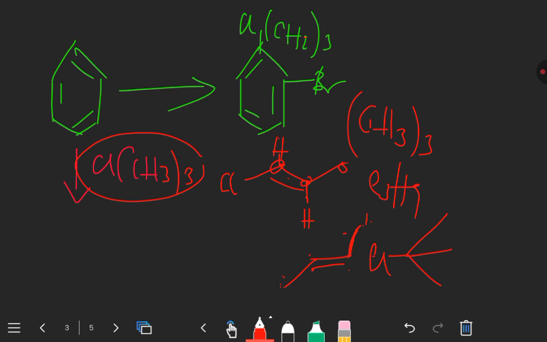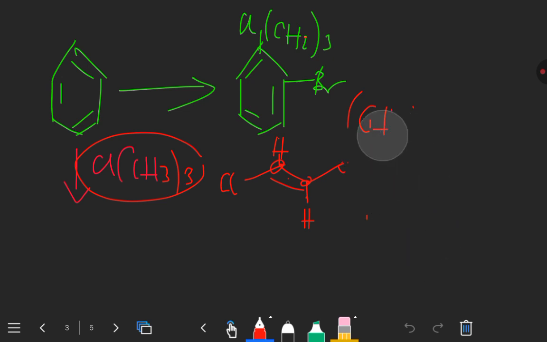Okay, so this is what we have there. Alright, so we can now perform the reaction mechanism.